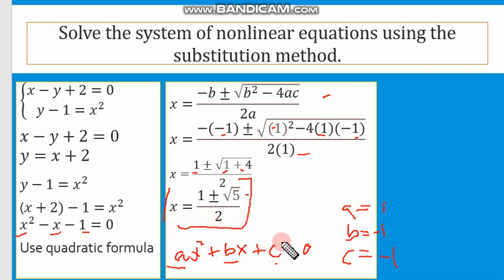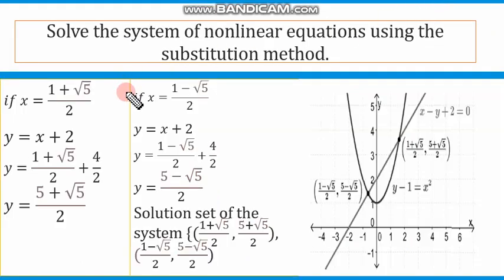That's our x. So we have the value for x, but not yet for y. We will use 1 plus square root of 5 over 2 or 1 minus square root of 5 over 2 as our value of x. Since we derived that y is equal to x plus 2, we will substitute the value of x. y is equal to 1 plus square root of 5 over 2 plus 4 over 2.